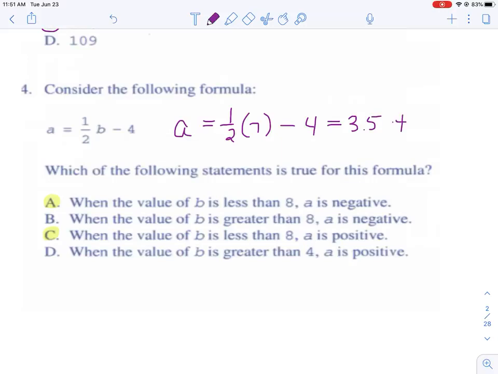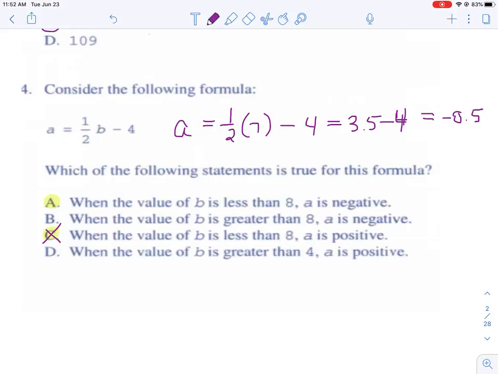Like I said, my Apple Pencil died, and I'm trying to use a yucky stylus. And we get a negative number. Okay. We get negative 0.5. So it appears as if C is wrong, but A will be our correct answer.